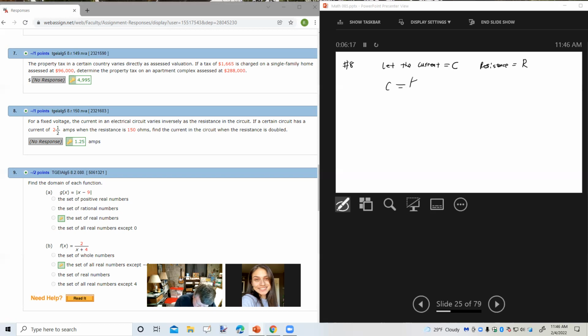So C equals K over R because it said inversely. Any questions about that? No.